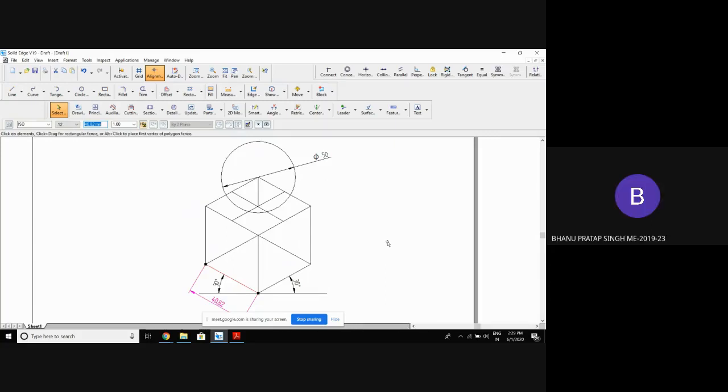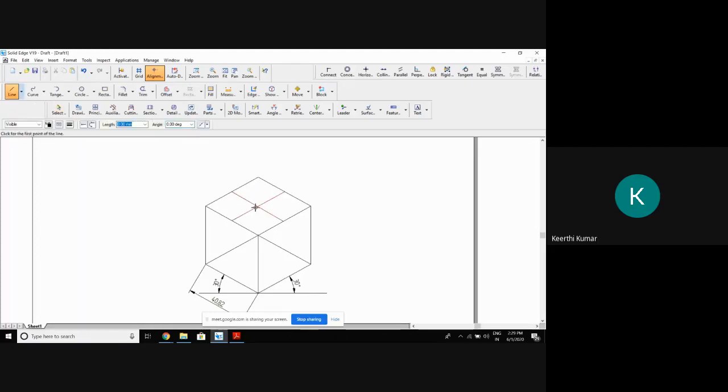So we have taken one end of the cube as the center of the circle. No, that is wrong. Don't take one end of the cube. First, you find out the center of this. Then, from this center, you draw the line vertically.